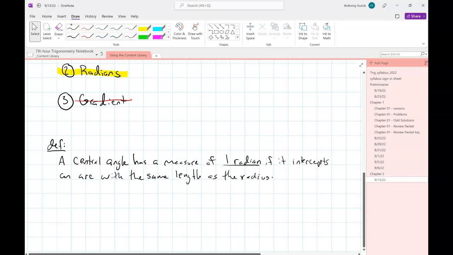Now, this is a lovely specific definition, but Mr. Kulik, I don't remember what half of the words in this mean because these sound like geometry terms to me. So let's go through that.